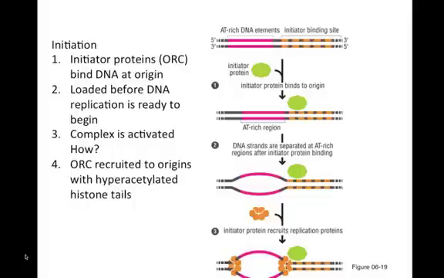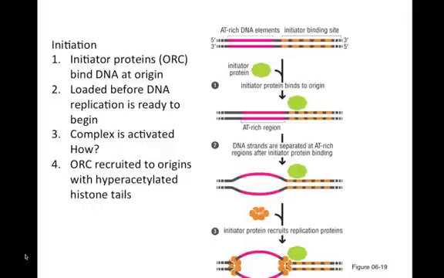Okay, so let's talk about initiation. It starts with the binding of initiator proteins to the origin, and origins are made up of two main elements, right? An AT-rich DNA element and an initiator binding site. And they're loaded and they just kind of sit there until they're activated in some way.